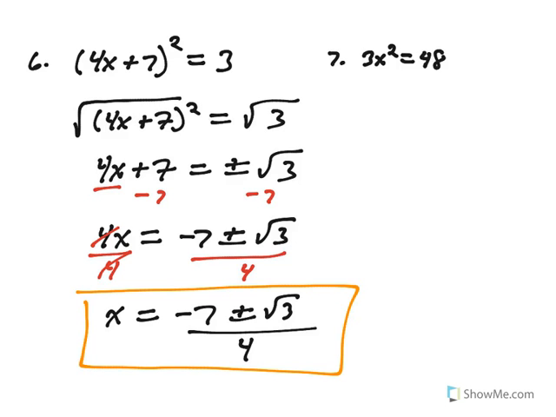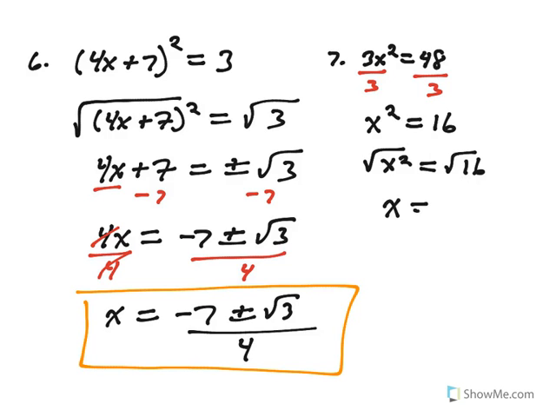And for this particular example, we want to divide out the 3, okay? We want to get that x squared term by itself, so we can go ahead and divide by that coefficient of 3. 48 divided by 3 is just going to be 16. And then we can proceed by taking the square root: x squared equals 16, so the square root of x squared is just x.